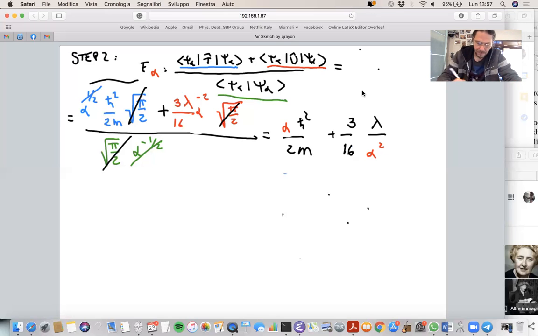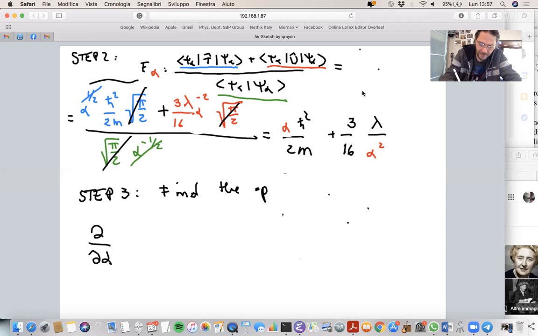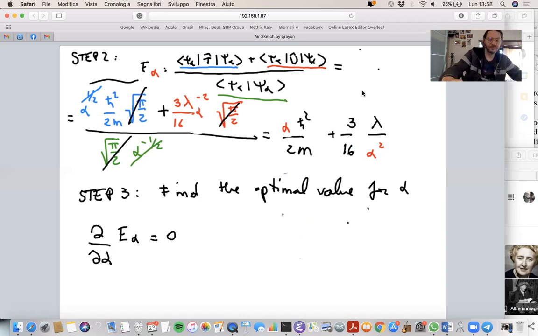So step 3, what we need to do is to look for the minimum of the energy as a function of the parameter. Find the optimal value for alpha. And how do we do that? We find the minimum of the energy by taking a derivative with respect to alpha of this result and let it be equal to 0.